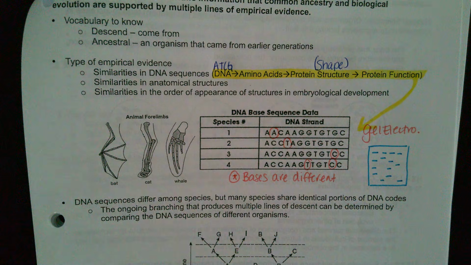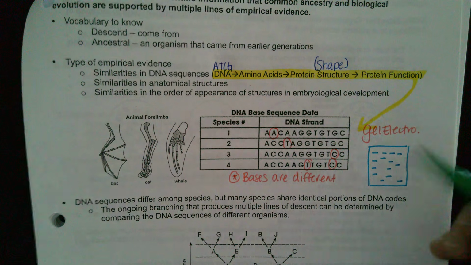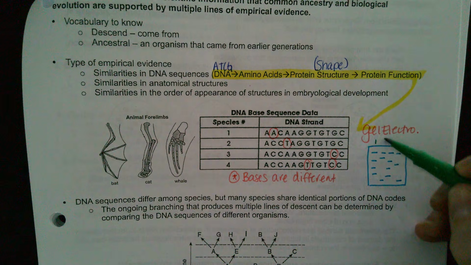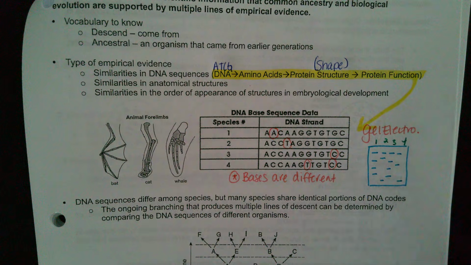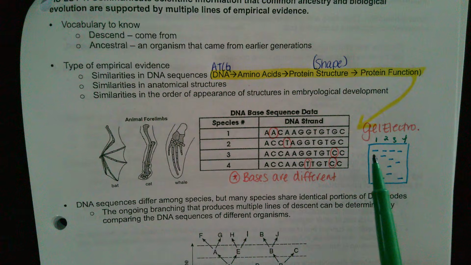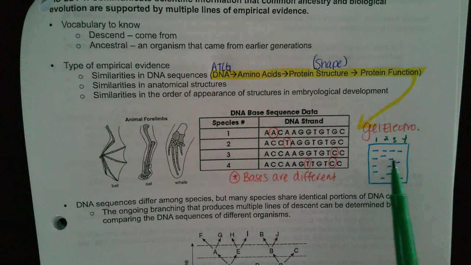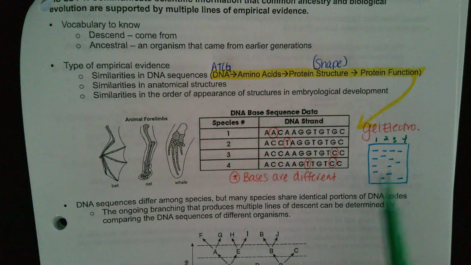So if I really quickly go down the one I just made, I would see that if this is 1, 2, 3, and 4, I would note that sample 1 and sample 3 have 1 band matching, 2 bands matching, 3 bands matching, and then 4 bands matching. Keep in mind I drew this really quick, so if they're not 100% matching, that was my intent.